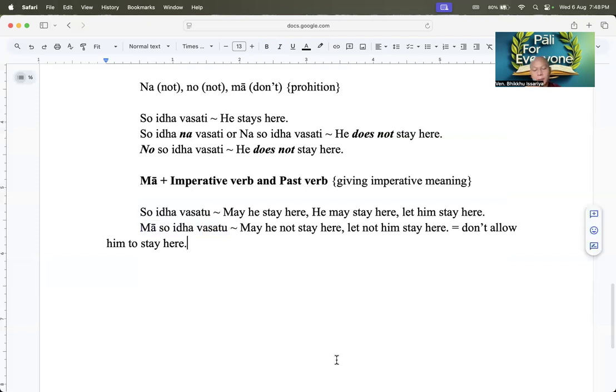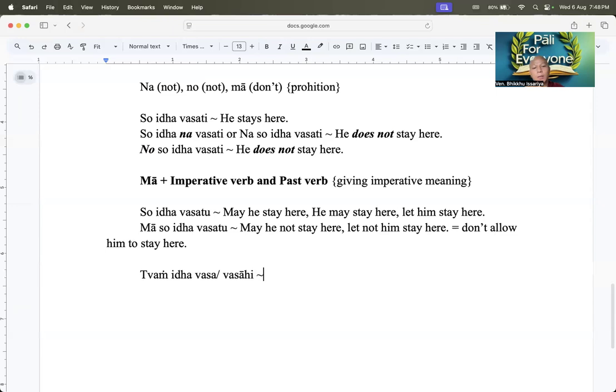But in the Pāḷi text, commonly that ma is found with the second person as a kind of command. So for example, tvaṃ idha vasa or vasāhi.